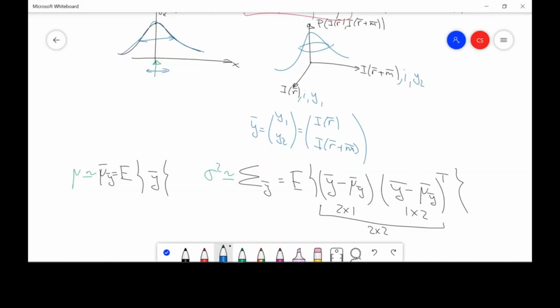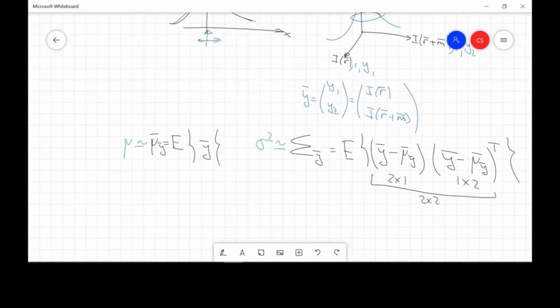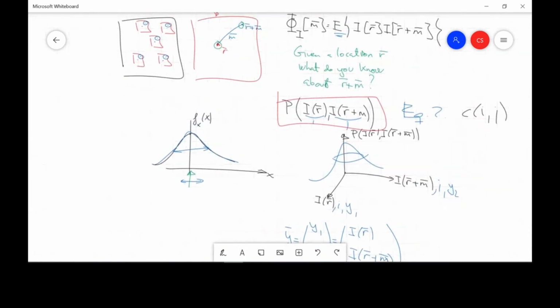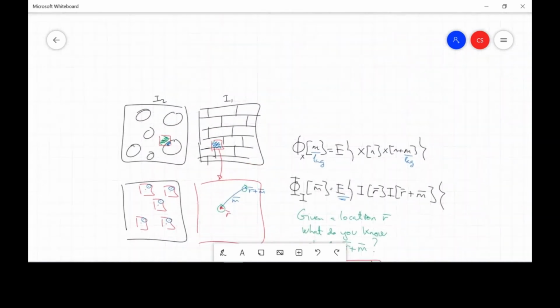In general, this mean will have 2 different components, mu1 and mu2, in the sense that the first component will have a mean and the second component may have a different mean. But we are taking vectors from those 2 points, so what are the image values at these 2 points?